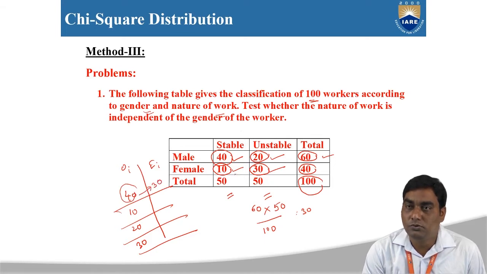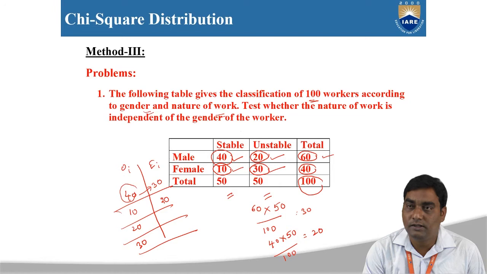Now coming to the second observed frequency, 10. What is its expected frequency? Corresponding row total 40 into corresponding column total 50 by grand total 100. This is 20. So, the expected frequency is 20 corresponding to the observed frequency 10.